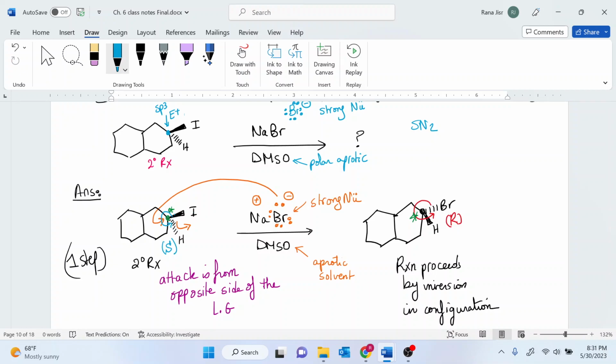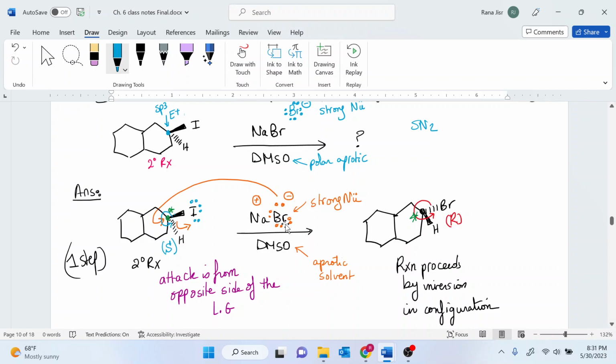So iodine has electrons and the bromine has electrons. If a bromine approaches from the same side as iodine, those two are going to repel each other. So this is why bromine is forced to attack from the opposite side of the carbon that has the iodine.